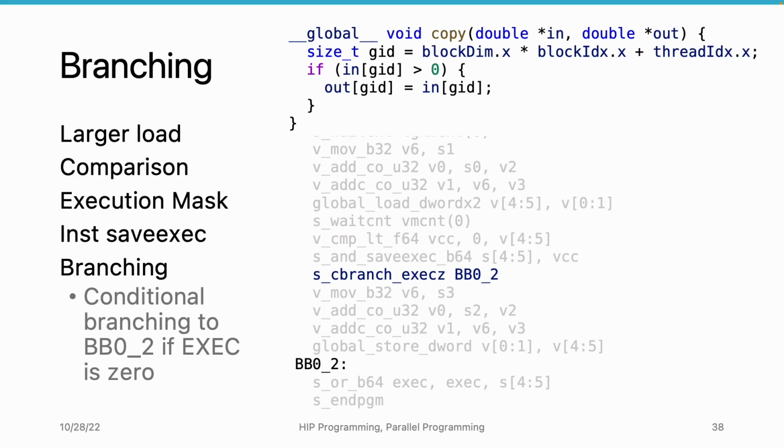If no thread fulfills the condition, we don't really need to execute the instructions below. We can simply skip the rest of the instructions and come to the end of the program. If that condition holds, we'll jump to this basic block called BB0_2. And BB0_2 is basically a compiler-added label, so it can help us to jump to that particular location.